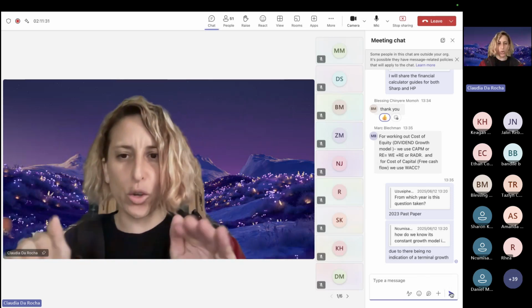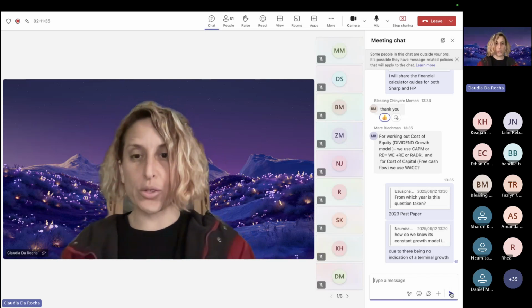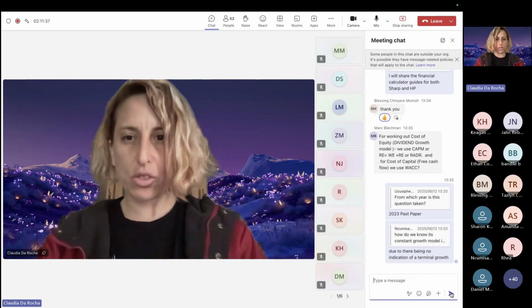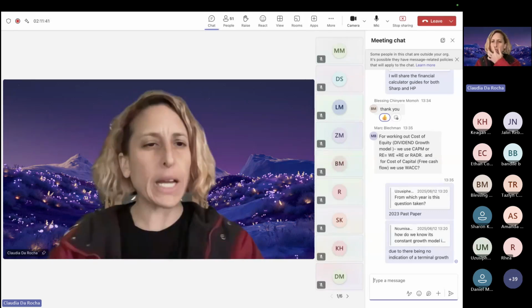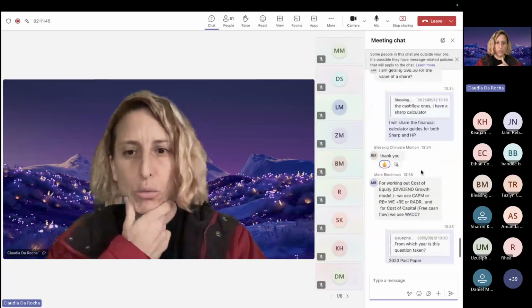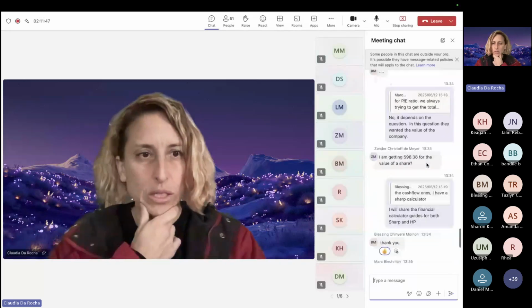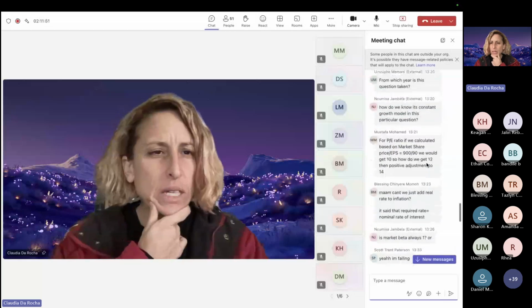In here, there's no mention of a terminal growth period at all. So therefore, it means that's not applicable. It means that it's a constant one. But that's a good question. It is difficult sometimes to know when it's constant or not constant. It's really difficult.